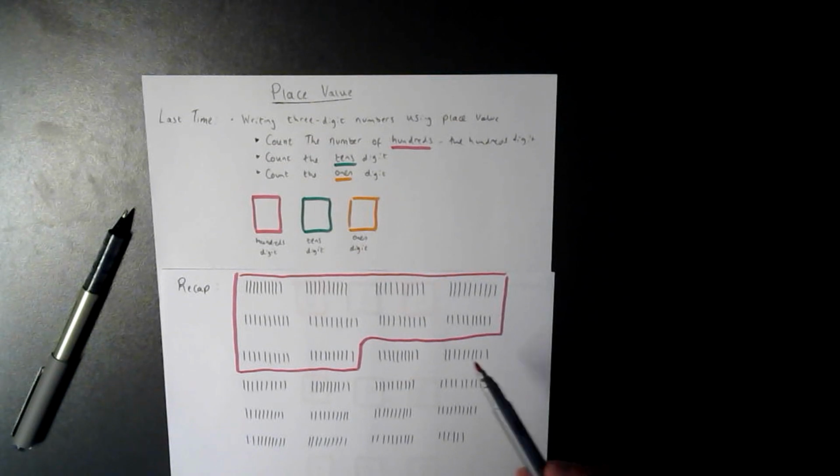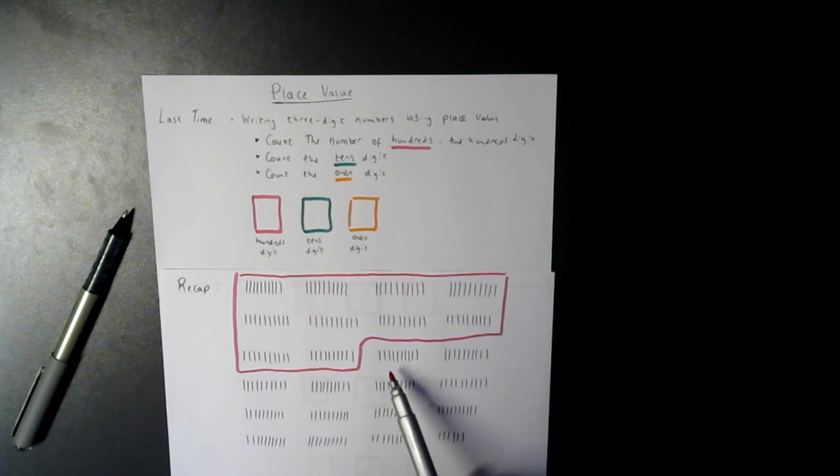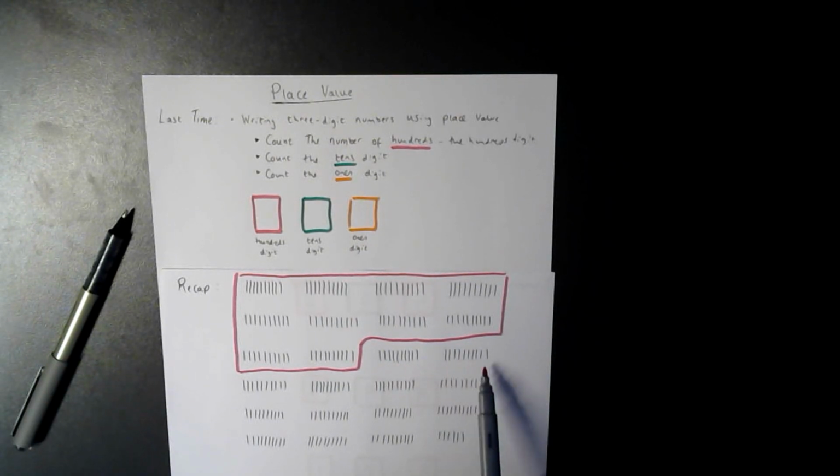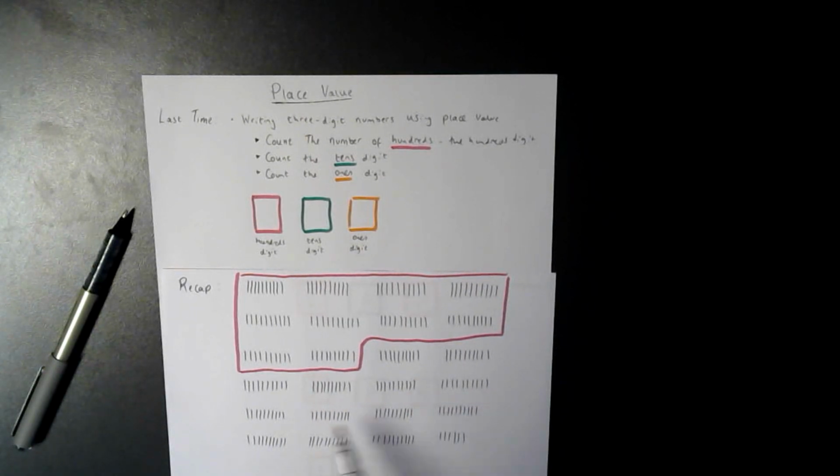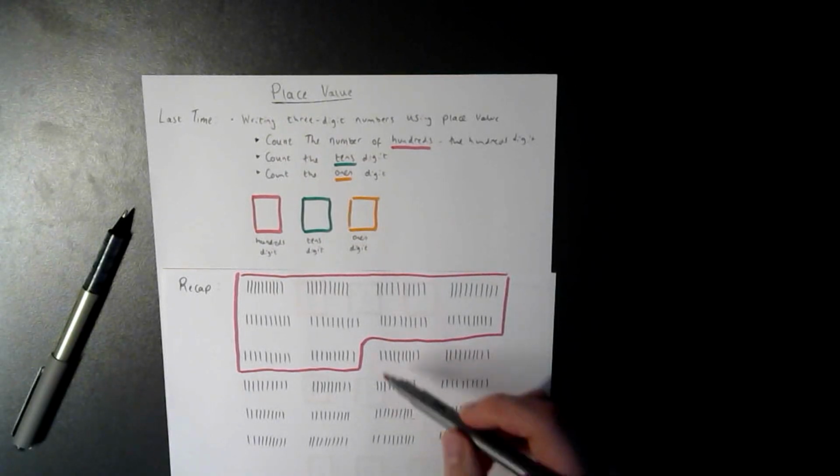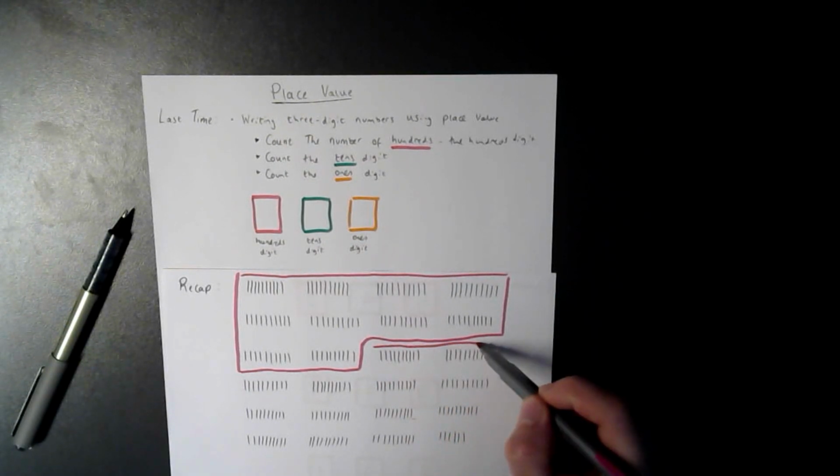Then we can do it again, looking onto the next tallies, lines. So we've got 10, 20, 30, 40, 50, 60, 70, 80, 90, 100. So we have another 100 here.